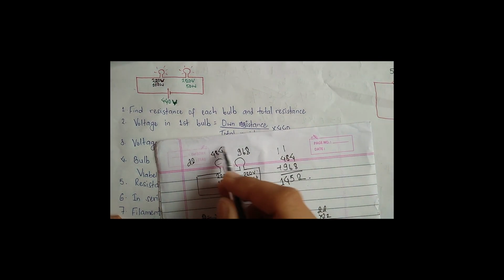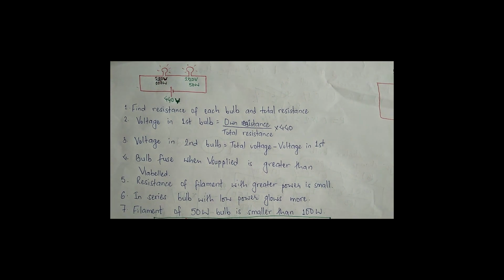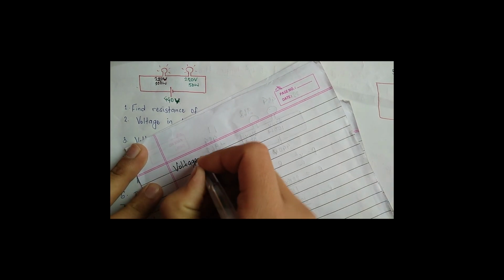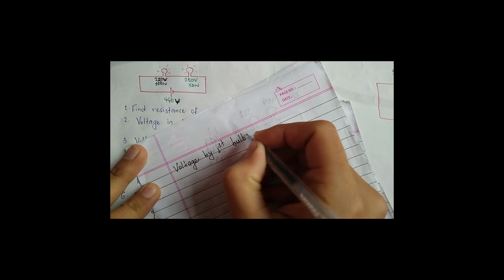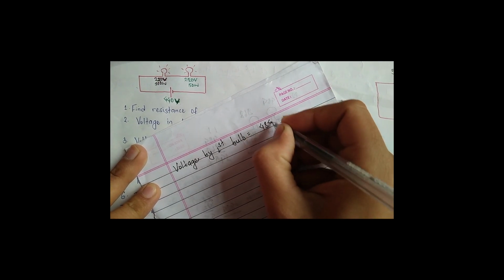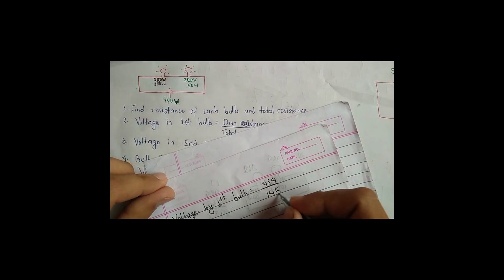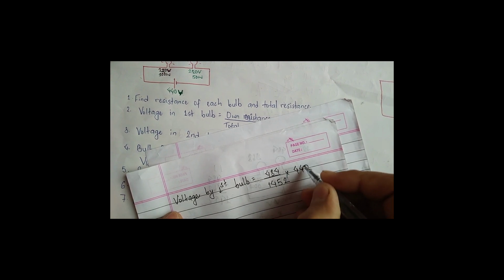And now, finding the voltage obtained by the first bulb. Voltage across the first bulb is equal to 484 by 1452 into the supplied voltage, 440 volt.